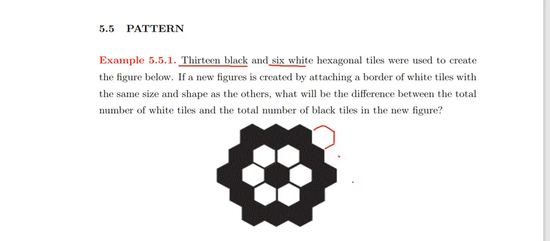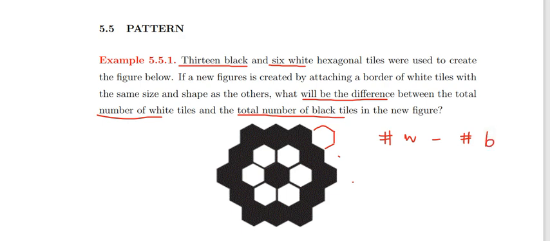So the question is, what will be the difference between the total number of white and the total number of black? So we want to find the total number of white minus the number of black.